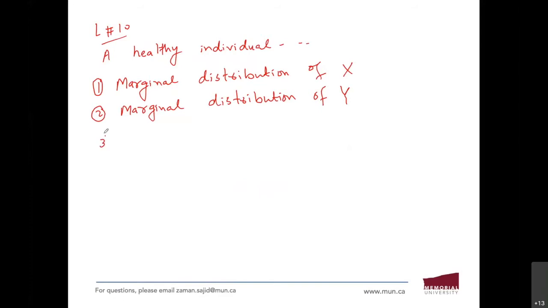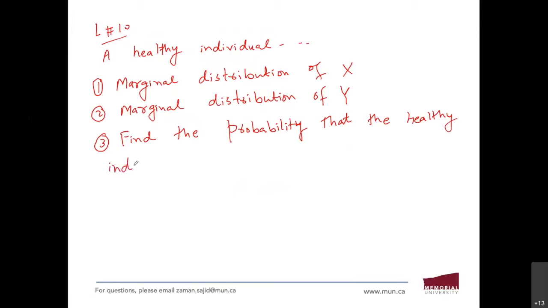And the third objective is to find the probability that a healthy individual has a sugar level, it should be sugar level, between 150 and 200.